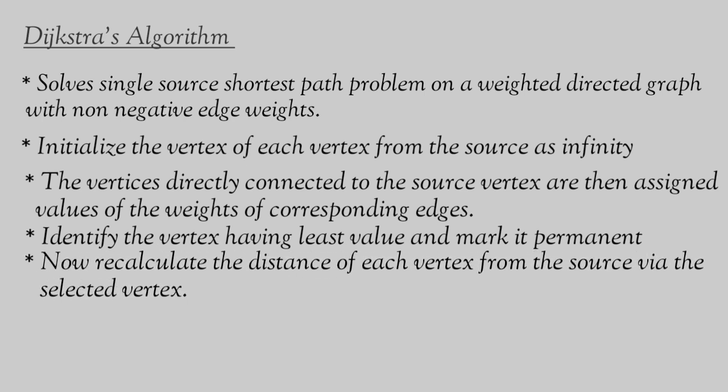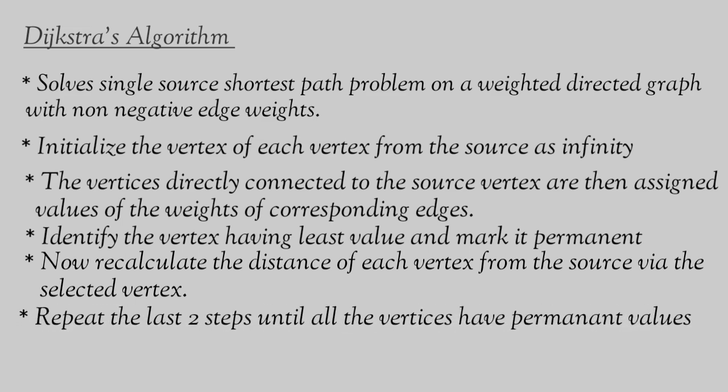Now recalculate the distance of each vertex from the source through the newly selected vertex. Update the values of the vertices only if the newly calculated value is less than the already calculated value. Now repeat the last two steps until all the vertices have permanent values.